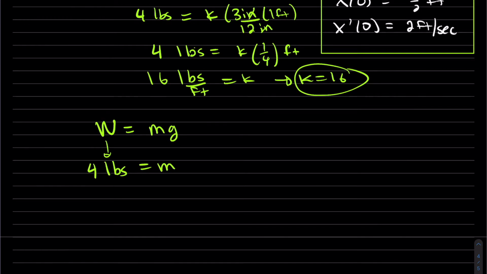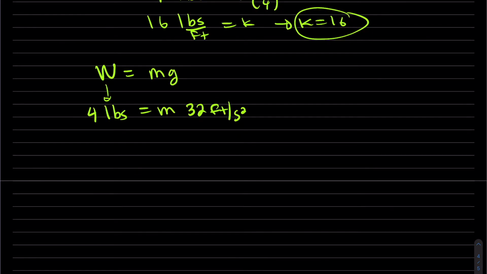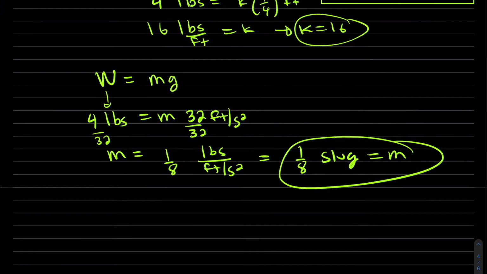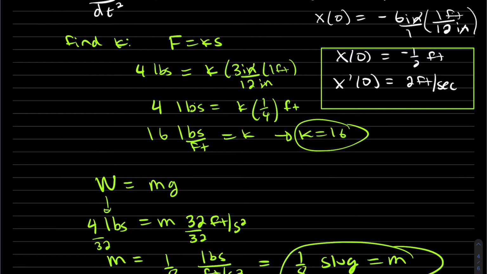So that would be 32 feet per second squared. So our mass is 1/8 pounds per feet second squared. That looks like it's the units for 1/8 of a slug. Equals my m.